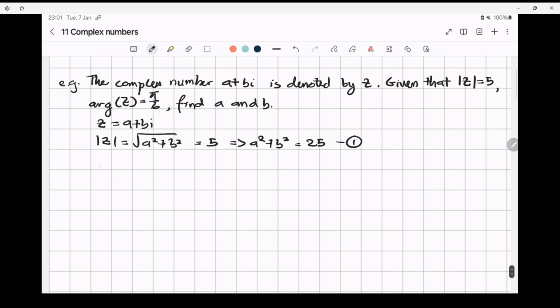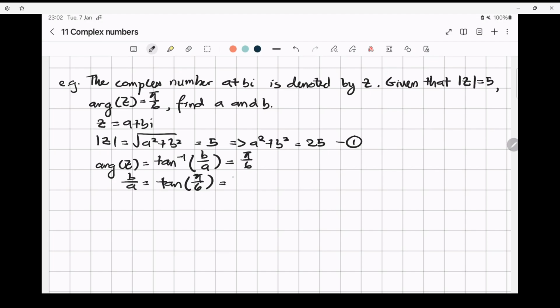Second equation, the argument of z is given by the inverse tangent of b divided by a, and this is pi over 6. So in other words, b divided by a will be the tangent of pi over 6, and we can calculate that.